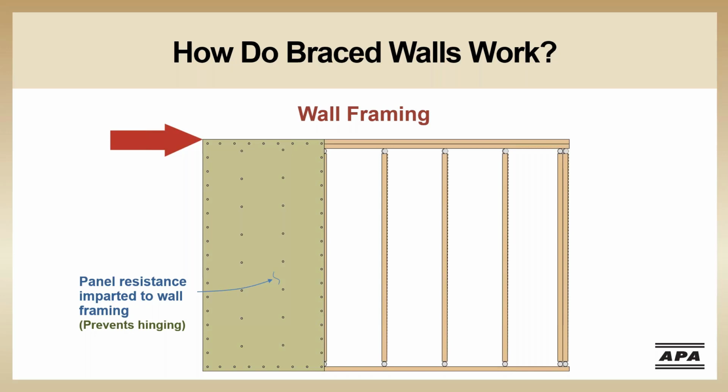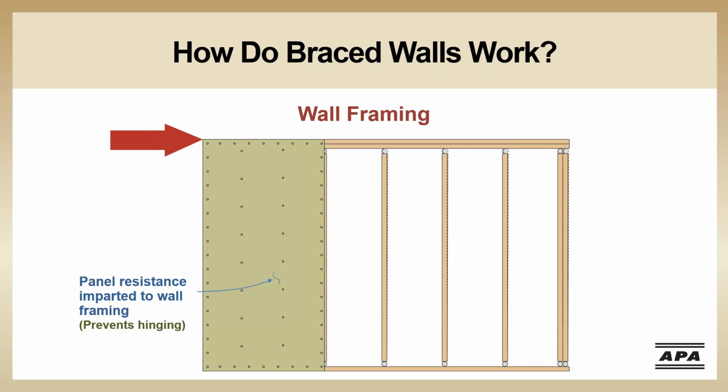The ability of a panel to resist loads is dependent on the physical properties of the panel, primarily its thickness. The thicker, more rigid each one is, and the more panels that are added to a wall line, the more resistance or strength the wall gains. The fasteners used to attach the panel to the framing will also affect the lateral resistance of the wall. Tighter fastener spacing and larger fastener size will increase the strength of the wall.